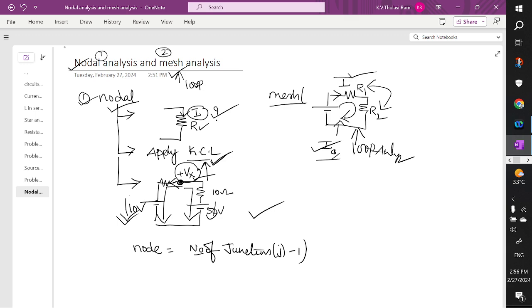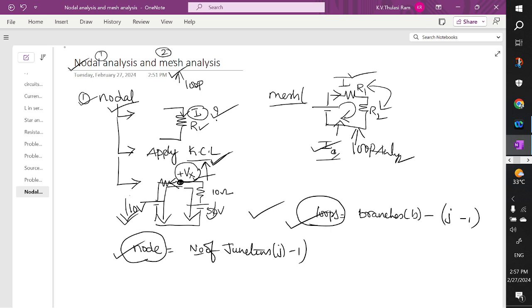Similarly, to identify the number of loops, the formula is: number of loops is equal to number of branches minus junctions minus 1. By applying these formulas, we can find the number of nodes and the number of loops.